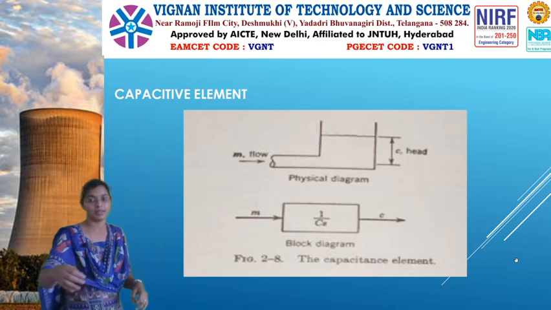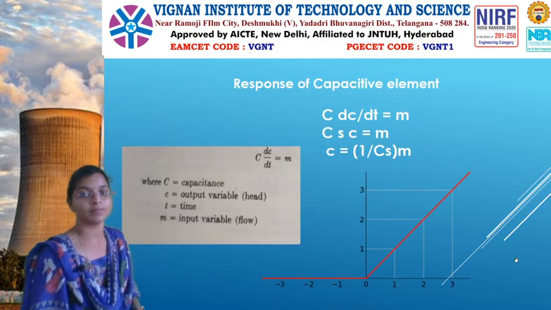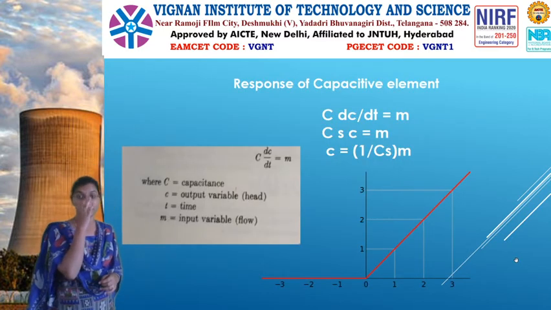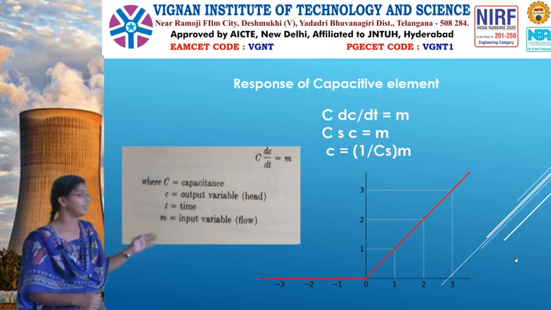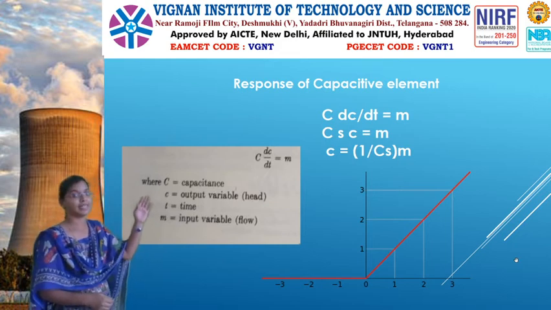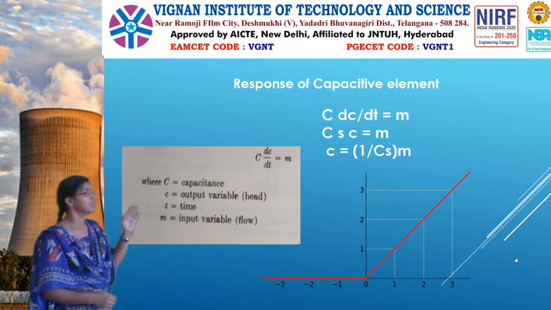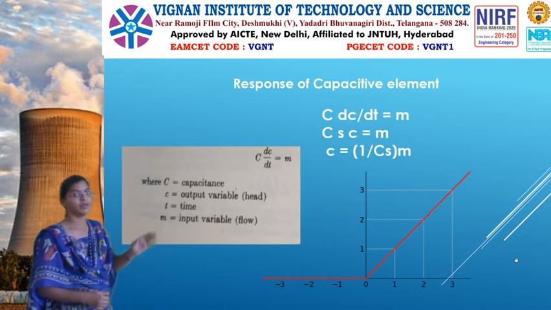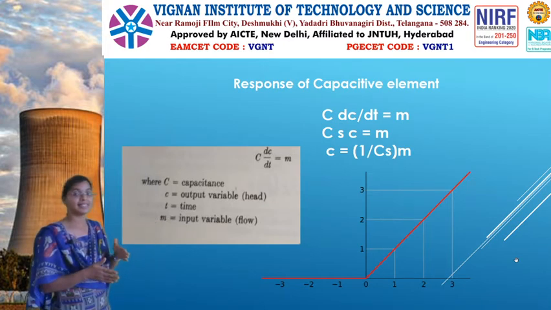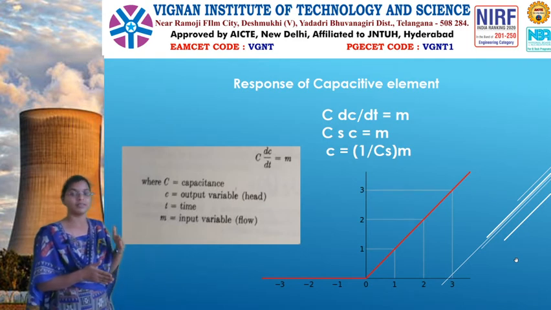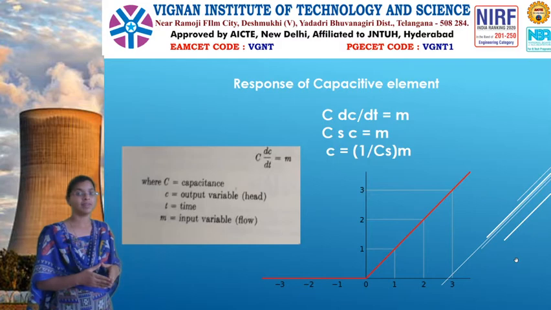So the response of the capacitive element, I already gave the derivation: C into dc by dt is equal to M. You apply the Laplace transform there, so Cs into c is equal to M, so c is equal to 1 by Cs into M. Here s is the time variable, so the response varies according to time. So we are going to get a ramp response in the capacitive element.